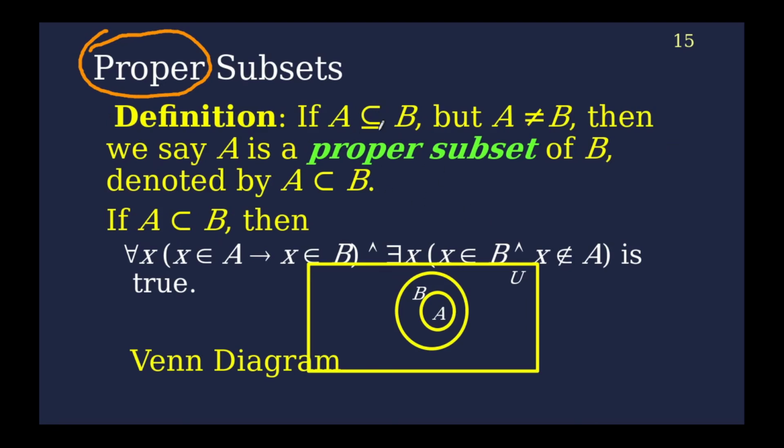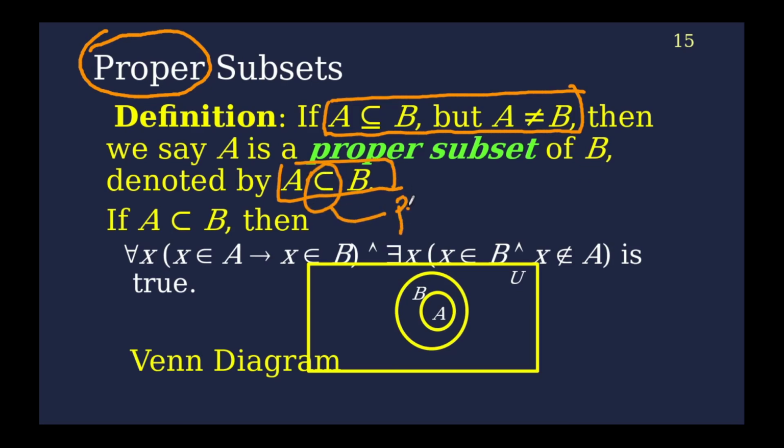So the definition: if A is a subset of B, but A is not equal to B. This is very important for the definition of a proper subset. If A is a subset of B but A is not equal to B, then we say that A is a proper subset of B, denoted by this particular symbol, which is read as proper subset.